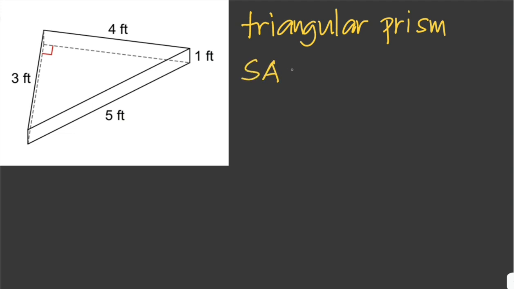So to solve for the surface area, we multiply the area of the triangle by 2. And since it is indicated here that it is a right triangular prism, the 2 triangles are right triangles. The area is 1/2 base times height times 2, plus the area of each of the rectangles.